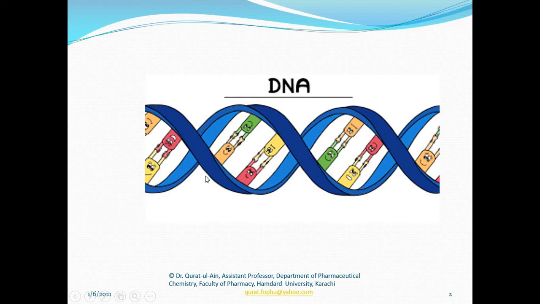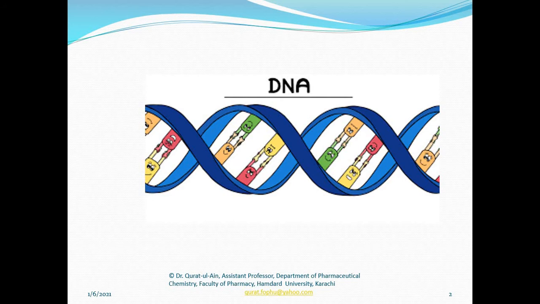So what is a macromolecule? A macromolecule is one that is made up of monomeric units. As we have studied before about carbohydrate metabolism, and about protein and lipid metabolism, all these are macromolecules.